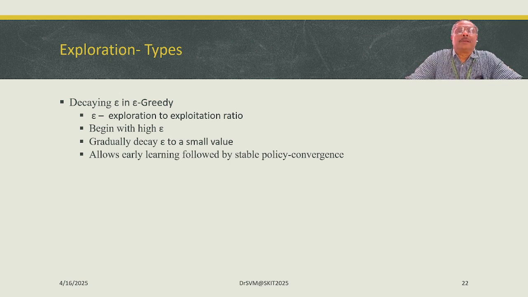Say, for example, if the epsilon value is 0.1, it means that for 10% of the time, the agent will explore the environment, and for the rest of the 90% of the time, the knowledge gathered through exploration is used and the policy is built according to the knowledge available, and the agent will follow that policy for 90% of the time.